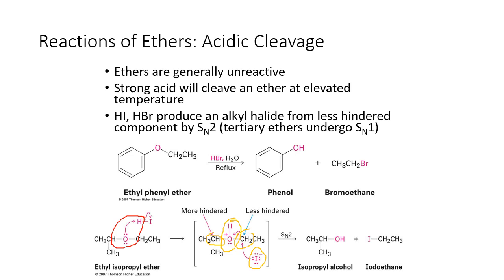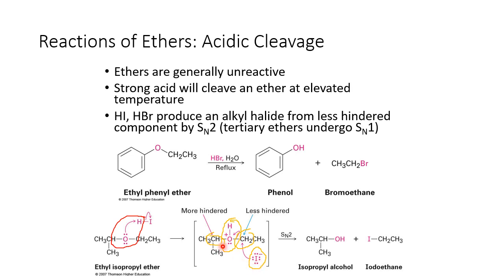That's very important to know. The I minus can attack this carbon that has a partial positive, or the other carbon that's part of the isopropyl. Will it attack the ethyl or the isopropyl? If it attacks the ethyl, we get an iodoethane product. If it attacks the isopropyl, we get isopropyl iodide.